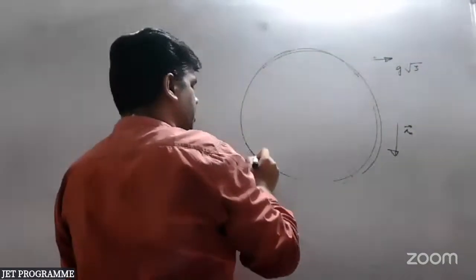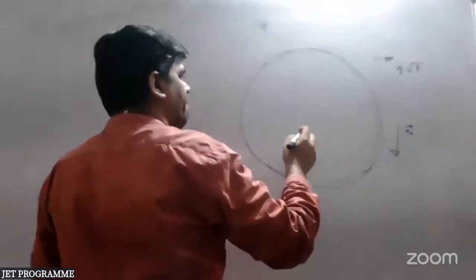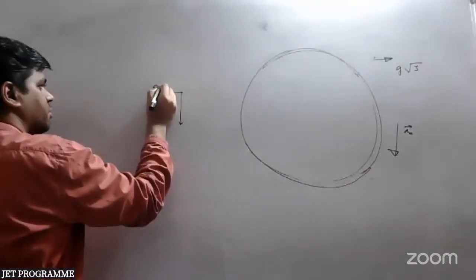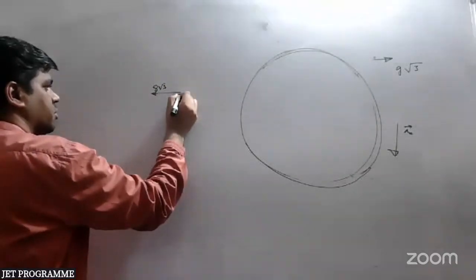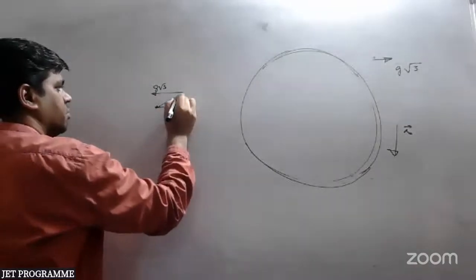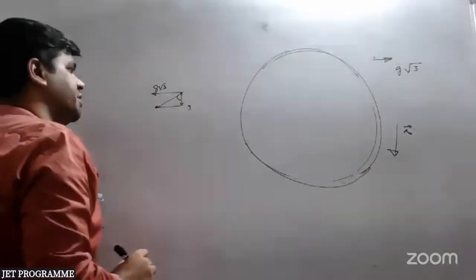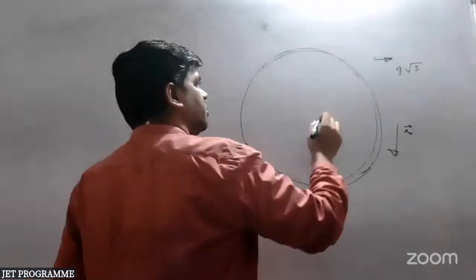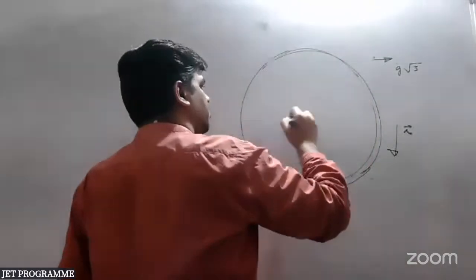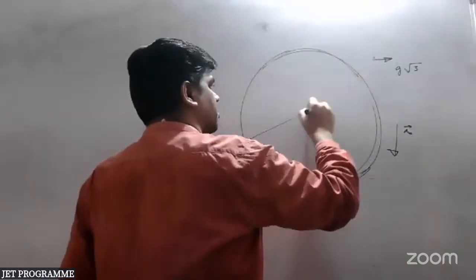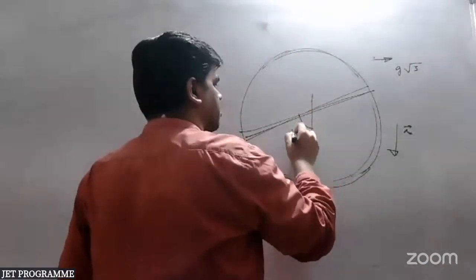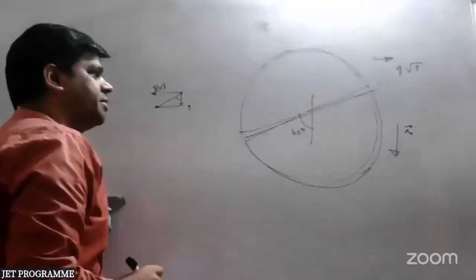Yeah, the angle now would be about g root 3 this way, g this way, at an angle of 60 degrees with the vertical. Now that's the direction of my g effective.